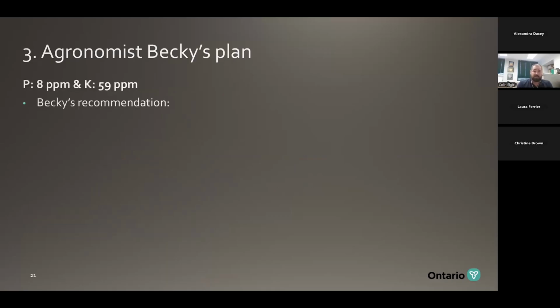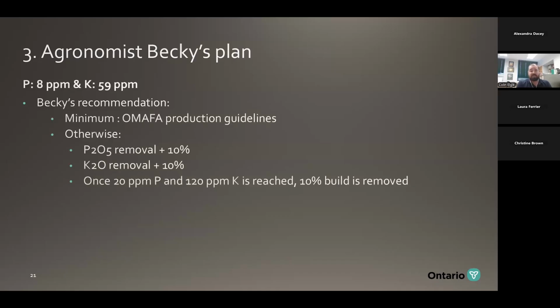And so Becky's going to look at that. Her recommendation is that at minimum, she's using OMAFA production guidelines because she wants a highly responsive soil to be able to match that level of response to make sure that there's enough there to meet those crop production guidelines. Otherwise, if the recommendation calls for it, she's going to look at a 10% build, so 10% more than phosphorus removal and more than potassium removal.